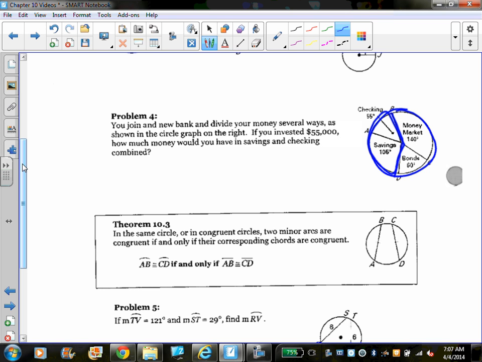We'll take their degree measures, 55 for checking and 105 for savings, and add them together to get 160 degrees. That means there are 160 out of the total 360 degrees in that circle going towards checking and savings.